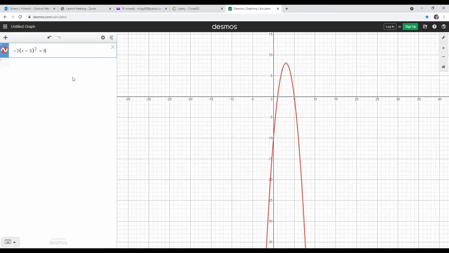Okay, so let's try another. So let's try 3 times x minus 2 to the odd power 3 plus 2.